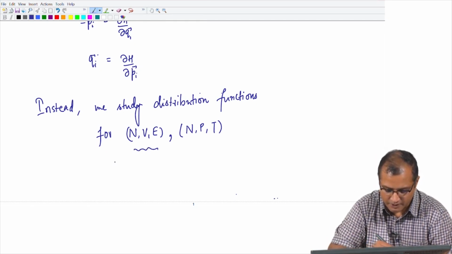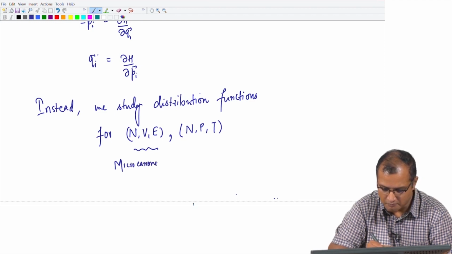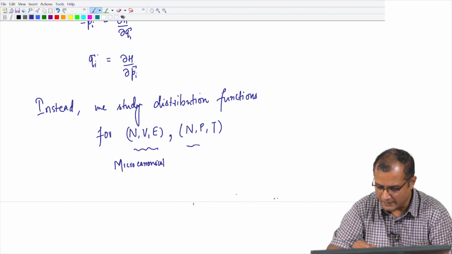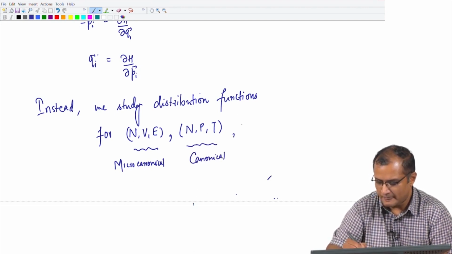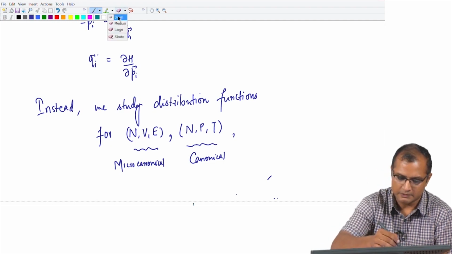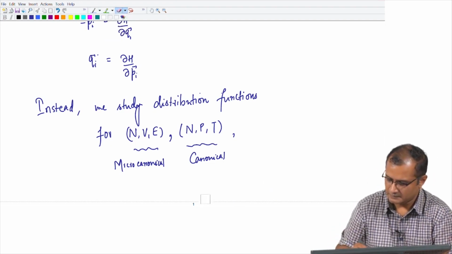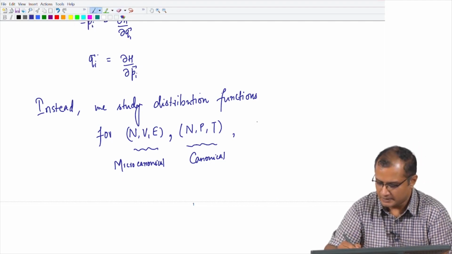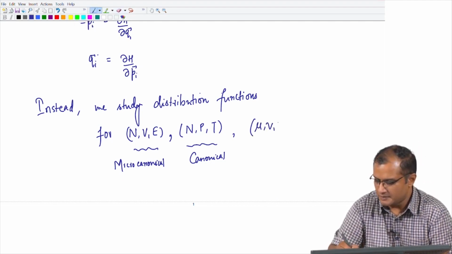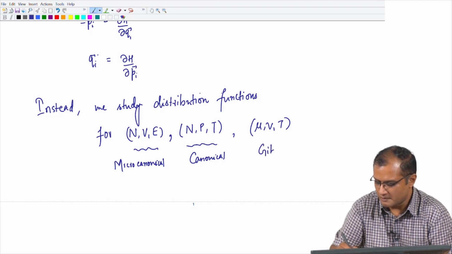So, I will call this a microcanonical ensemble. This is a canonical ensemble, or you could take the Gibbs canonical ensemble.